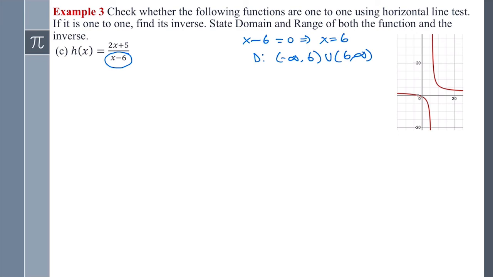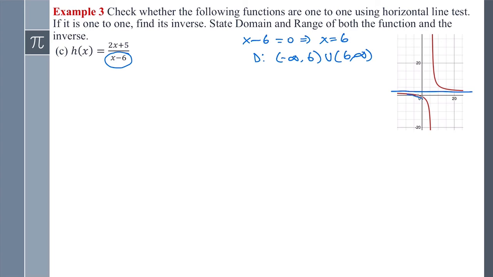Now for the range, just look at the graph. This is a rational function, and we do have a horizontal asymptote, which is y equals 2. So there's a line here. Again, we'll talk more about that when we do rational functions later, but there's a horizontal asymptote. That means the function never gets to the value of 2.